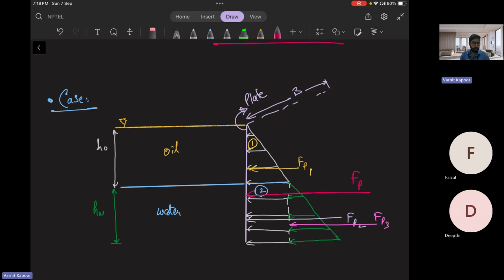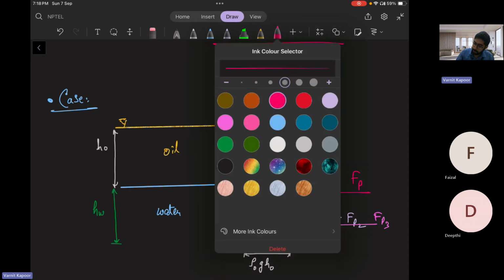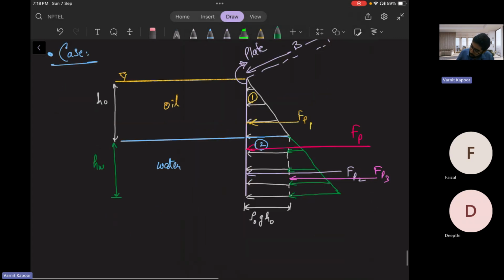This is your FP. So this pressure is how much? Rho of oil, g, H of oil. This is the maximum, whereas this much is how much? Rho of water, g, H of water.